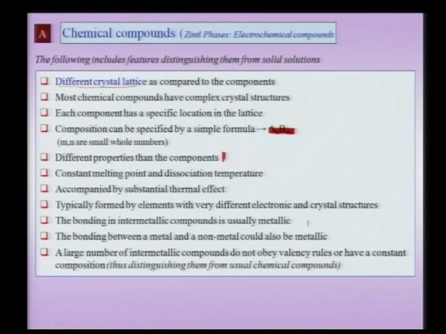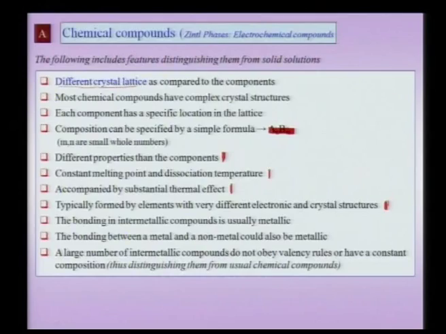In the sense of having a constant melting point and dissociation temperature, these compounds are very similar to the normal compounds. They are also accompanied by a substantial thermal effect, which is similar to the normal compounds, and typically they are formed with elements with very different electronic and crystal structures.